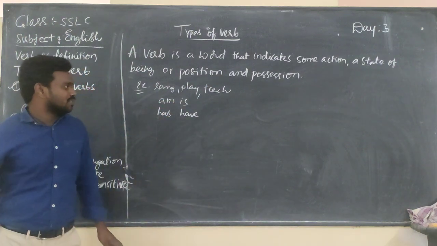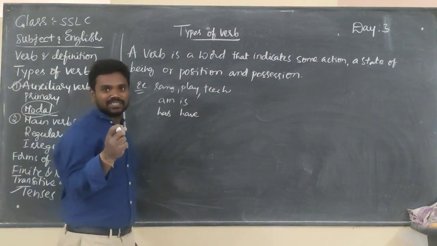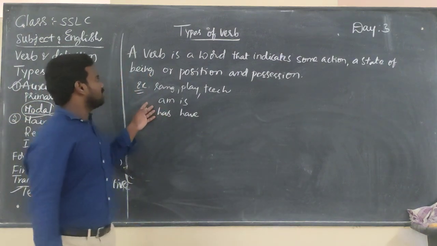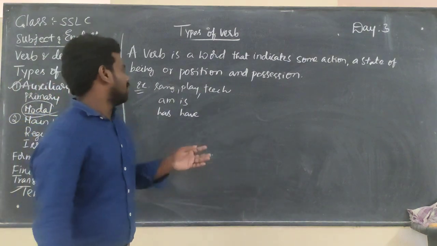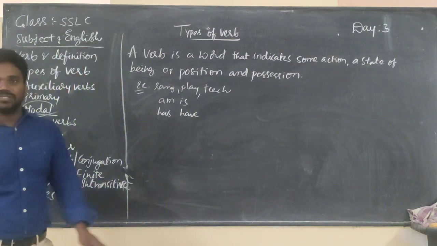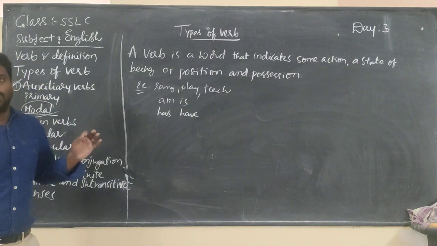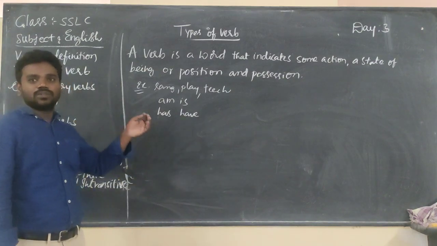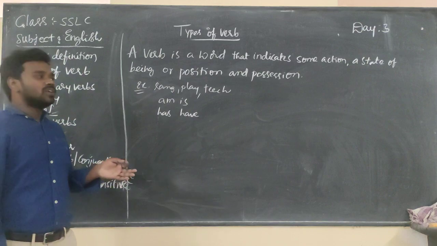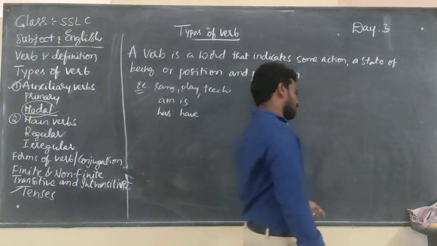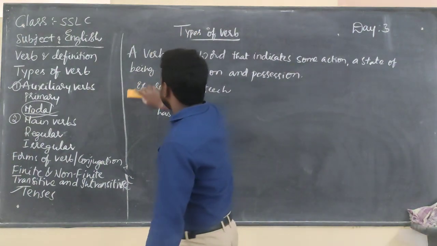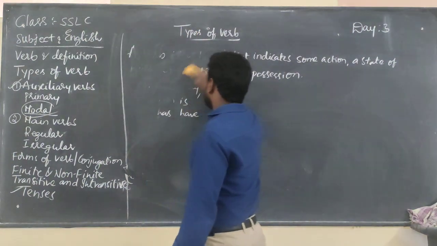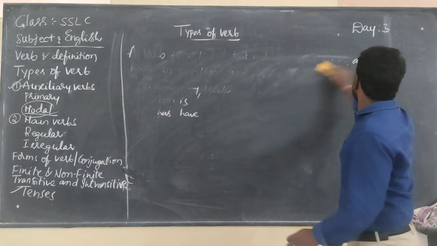Here, they play cricket. Play functions as action. So now, based on the function, a verb can be classified into two kinds, two categories. So what are they? They are auxiliary verbs and main verbs.